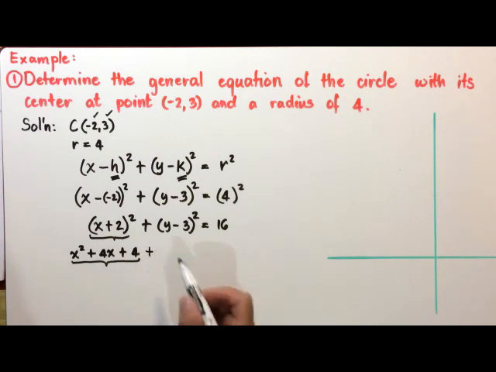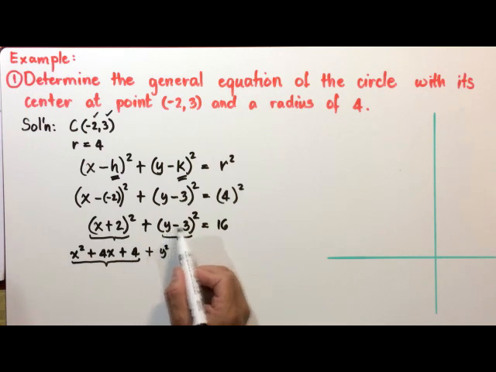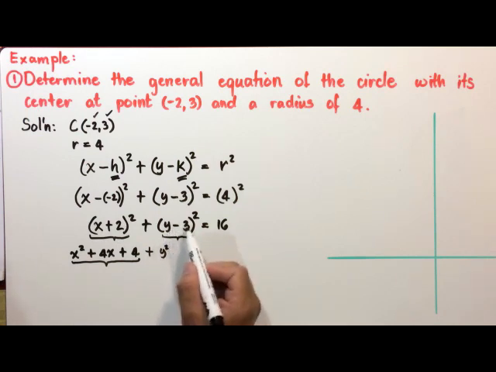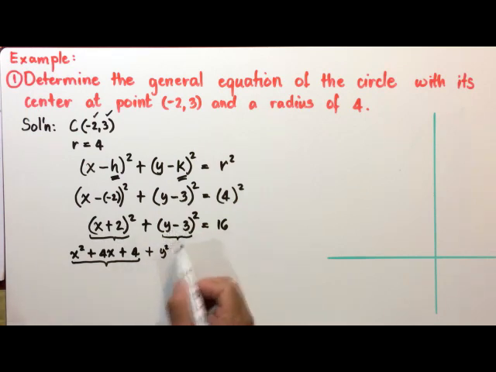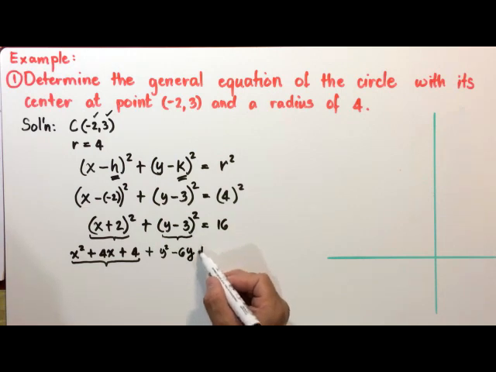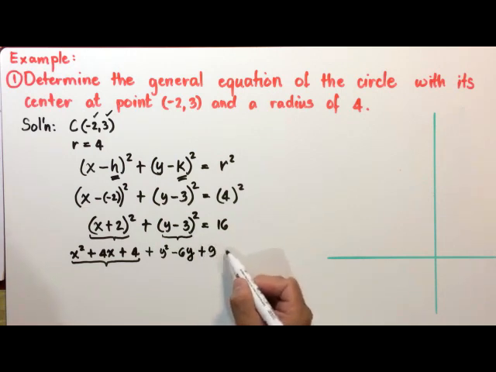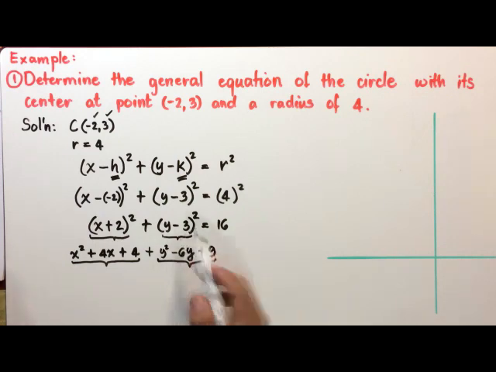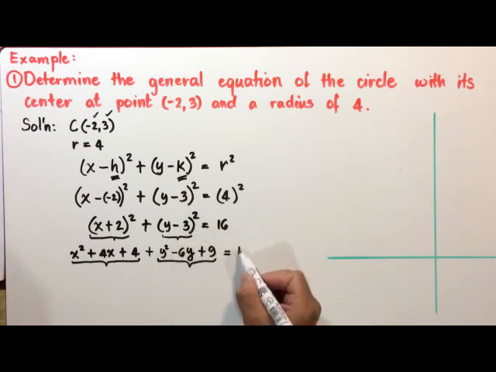Same method we do here for the second binomial. So we square that one, and you square the first term, that's y squared. Multiply the first and the second, so y times the negative 3, so that is negative 3y, and then twice of that, so minus 6y there. And then you square the second term, and the square of 3 is 9. So you can check that this is the square of that binomial, and this is all in all equal to 16.